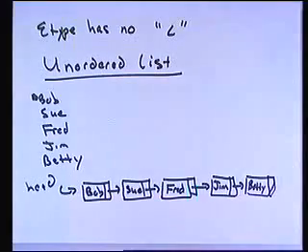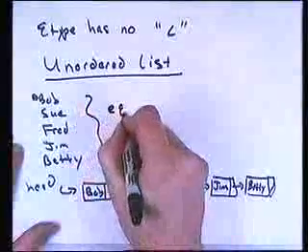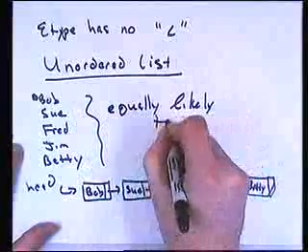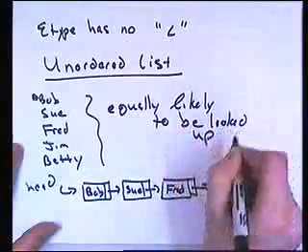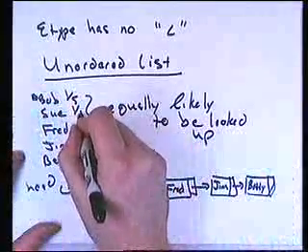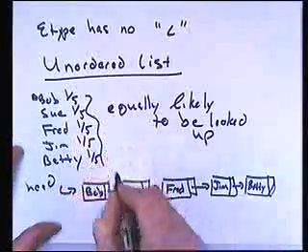And I could say, we're going to assume for the moment that all these values are equally likely to be looked up. That is, Bob is looked up 1/5 of the time, and Sue is looked up 1/5 of the time, and likewise for Fred and Betty and Jim.